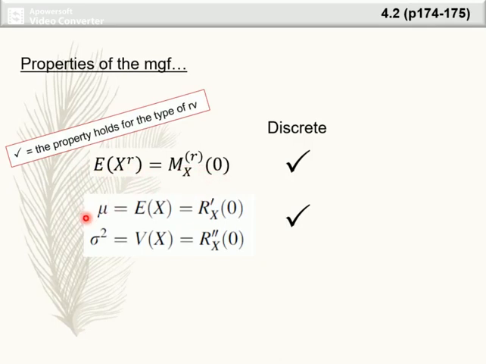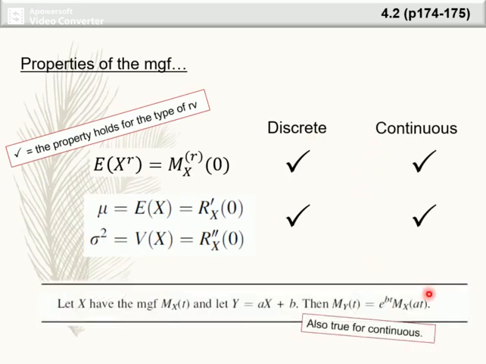Similarly, the way you calculate the mean and the variance using that function holds for the continuous case as well, so you follow the same procedure as you did for the discrete case. Another property that also holds for a continuous random variable is this one. If you have the moment generating function of x and you take a linear combination like this, then the moment generating function of that linear combination is just this term over here.